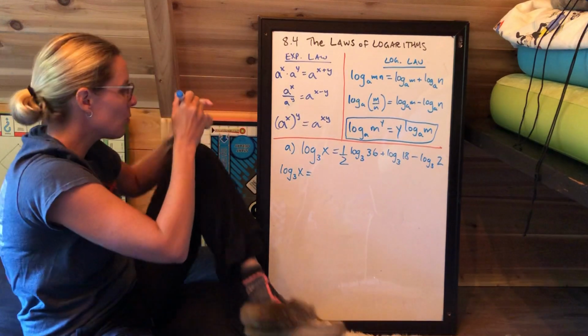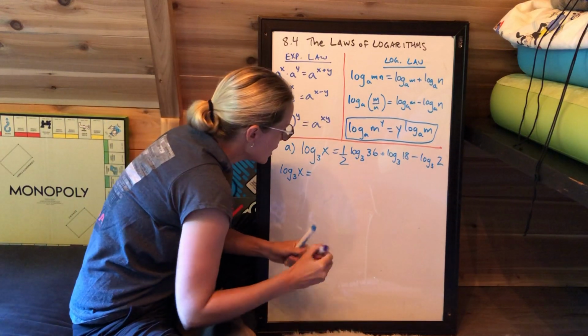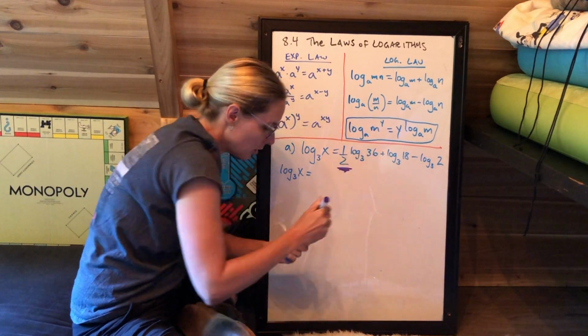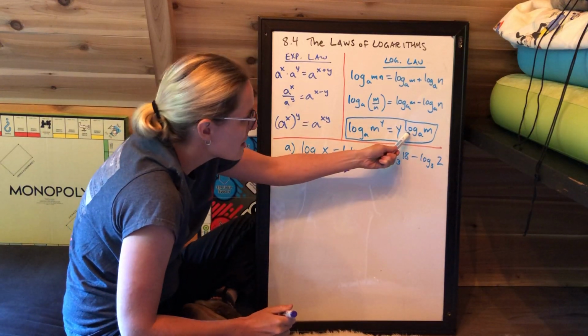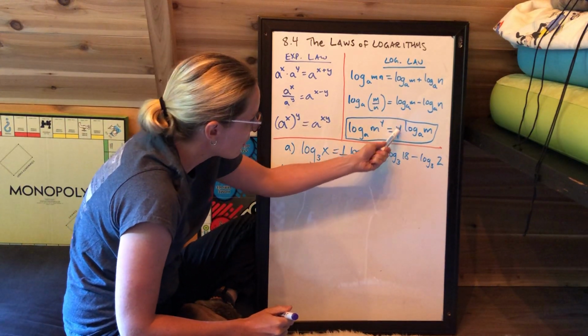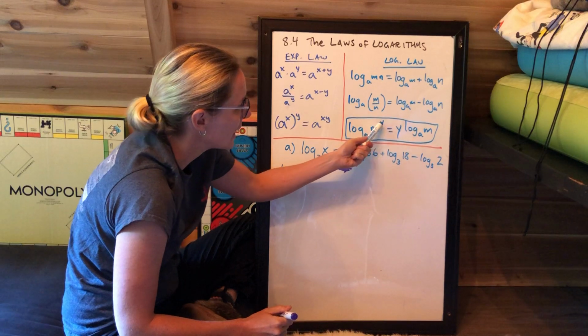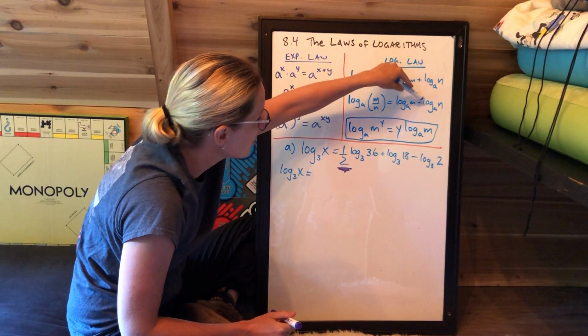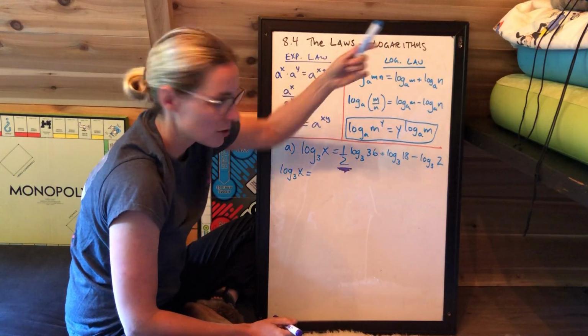Okay, the next thing we want to do is if there's ever a number out front, like being multiplied by a logarithm, we want to use this law backwards. Like, we don't want this number out front. We want to put it back into the logarithm so that we can use these laws. Notice these laws don't have numbers out front. Okay, the number out front's always a 1.